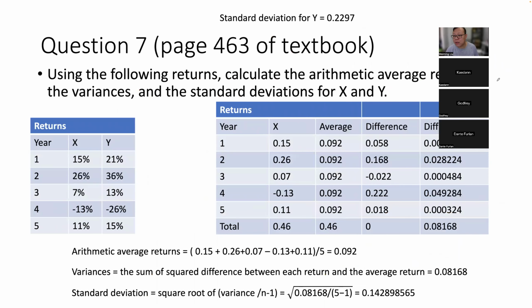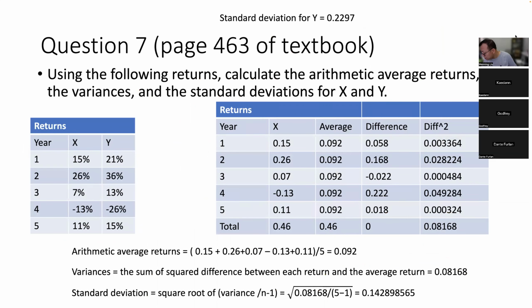Okay, so this one is question 7 from the textbook, on page 463. This question is asking: using the following returns, calculate the arithmetic average return, the variances, and the standard deviation.